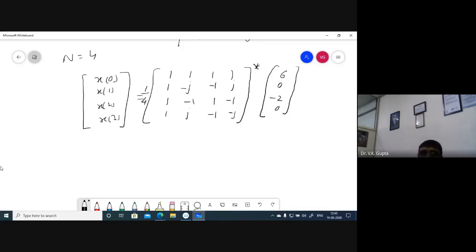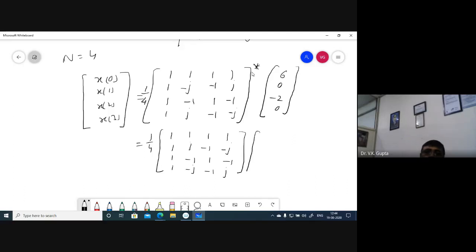So we can write here 1 upon 4. What is the conjugate of this? These are real values, so 1, 1, 1, 1 stay the same. While we are doing conjugate, j is replaced by minus j, and minus j will be j.